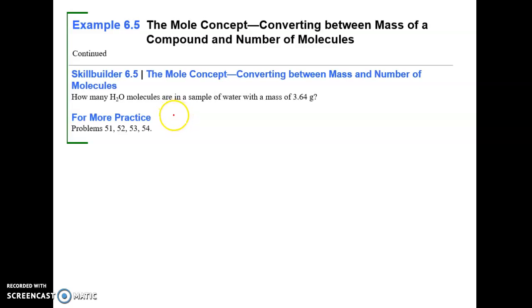So starting with what we're given, 3.64 grams of water, we need to use the molar mass of water to get into moles of water.